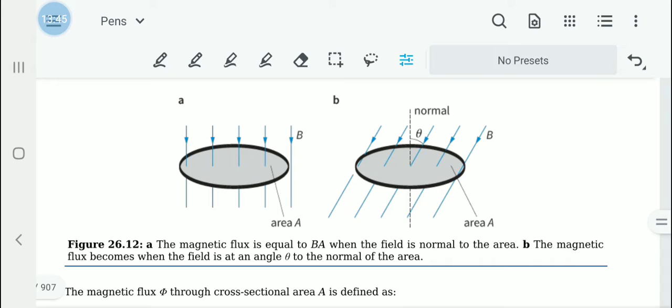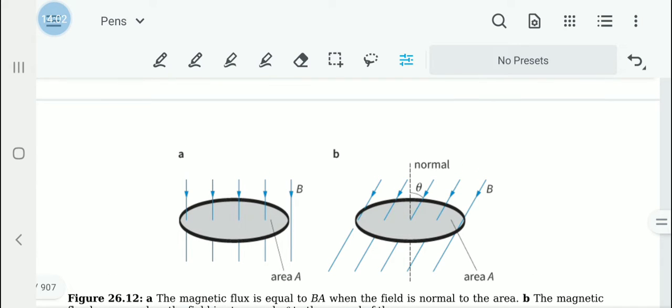If it is at an angle, we would have to consider that angle as well.